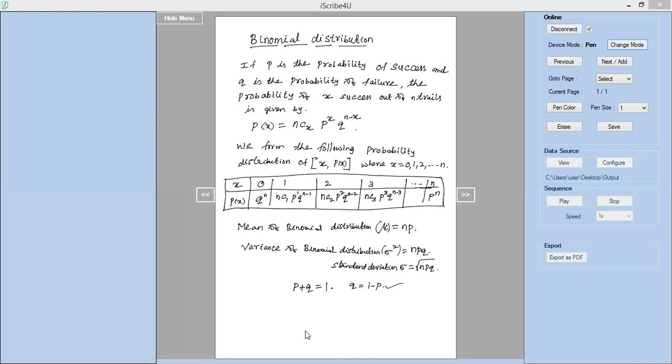The first problem in this binomial distribution, which comes under discrete random variables.